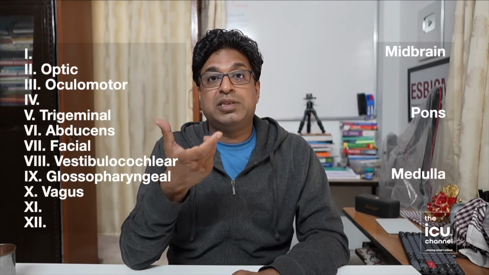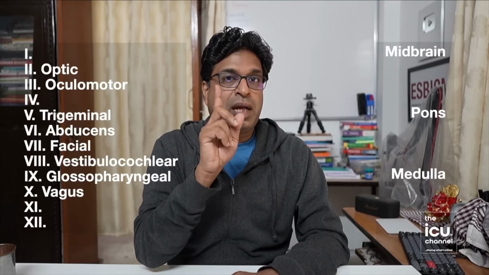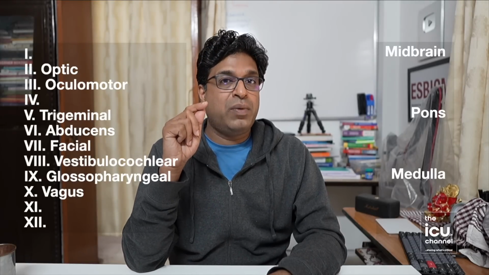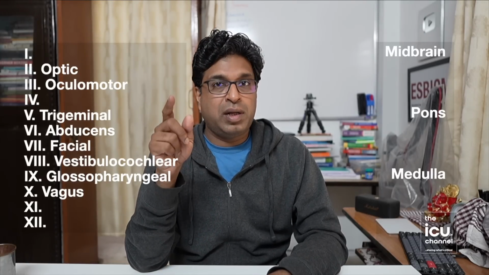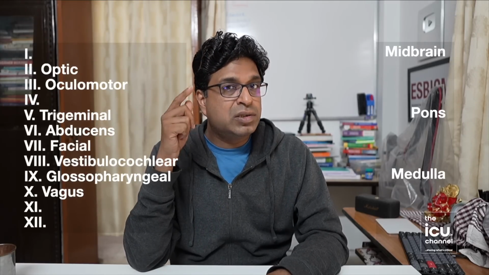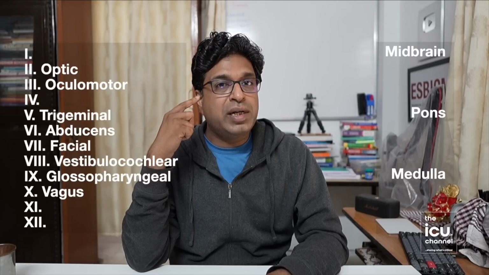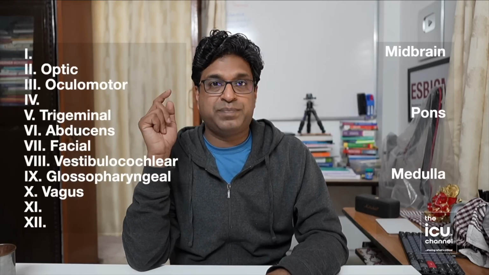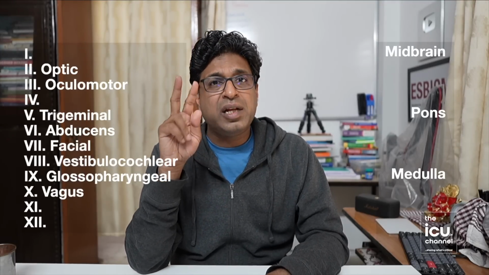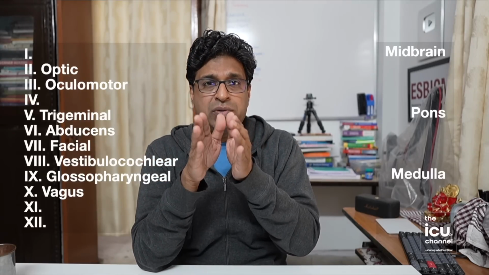Now what we'll do, third is the doll's eye. You will move the head towards one side and the eye should move like this. So in the doll's eye phenomenon, what we are doing is stimulating the vestibulocochlear nerve. Cochlear is for hearing and the vestibular component is through the semicircular canals. So we have stimulated the semicircular canals. The eighth nerve carries the signals to the pons, and there are two pathways: the parapontine reticular formation (PPRF) and the medial longitudinal fascicle.